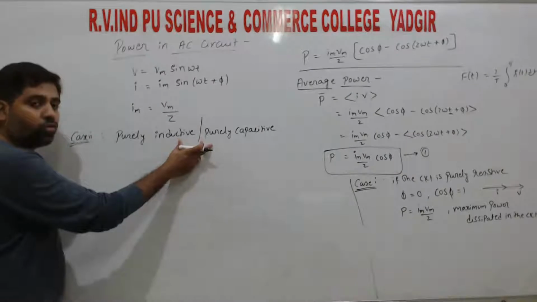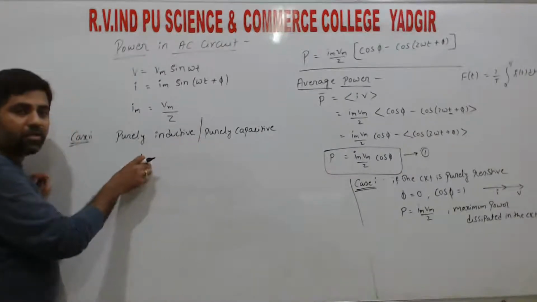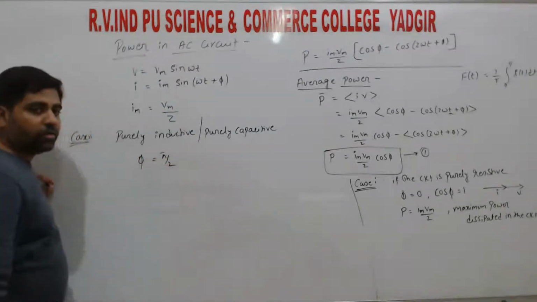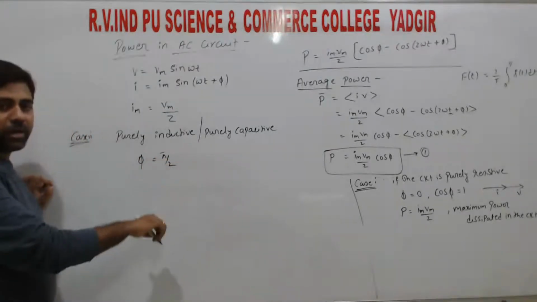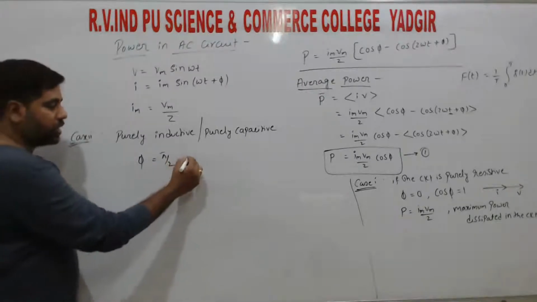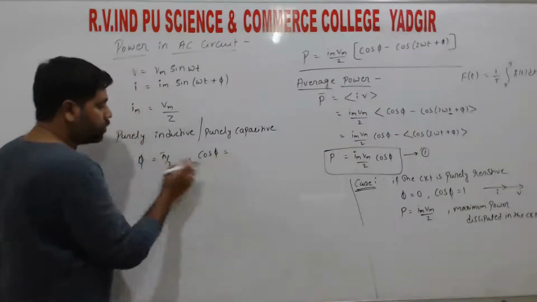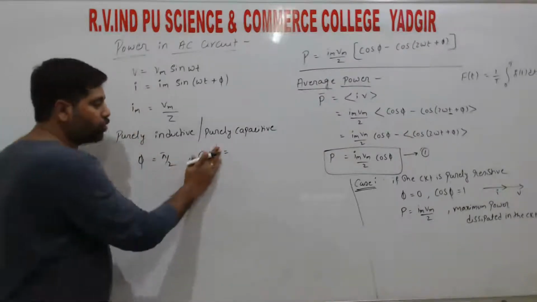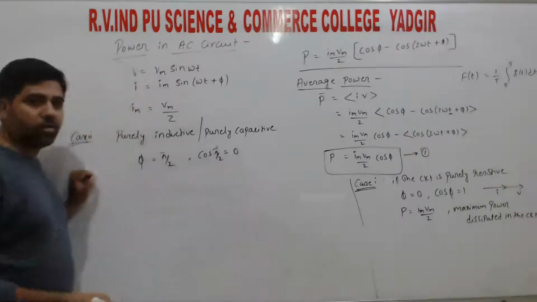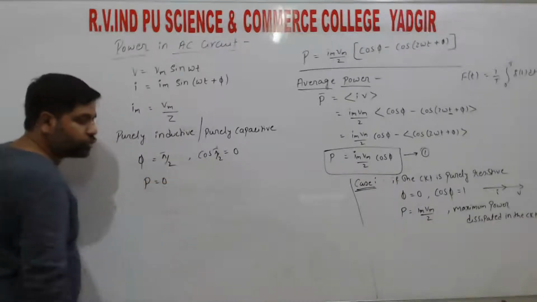In these two cases, the phase difference or phase angle between the voltage and the current is always equal to 90 degrees. In one it is plus 90 degrees and in the other minus 90 degrees, but the angle for us is 90 degrees. So the value of cos of pi by 2 is equal to 0.